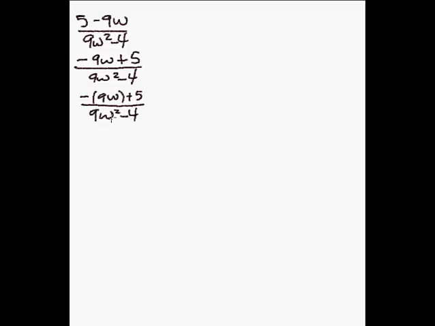Next we're going to factor out the greatest common factor of minus 1 from the expression 5. And now we'll factor out the greatest common factor of minus 1 from minus 9w plus 5.